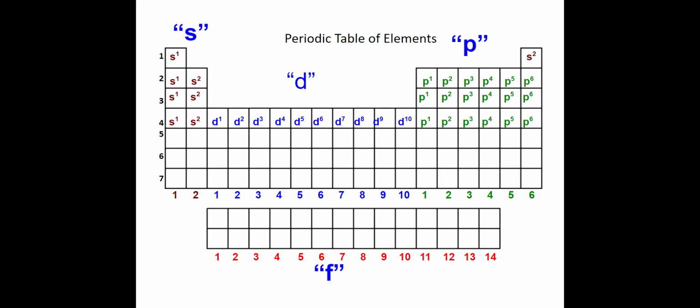And then you can see how it fills in 1, 2, 3, 4, 5, 6 as you go across till you get to neon at the end of the second row. The third row, there's the S's. Over on the right, there's the P's. On row 4, there's the 2 S's, then the 10 D's, then the 6 P's, and so forth.